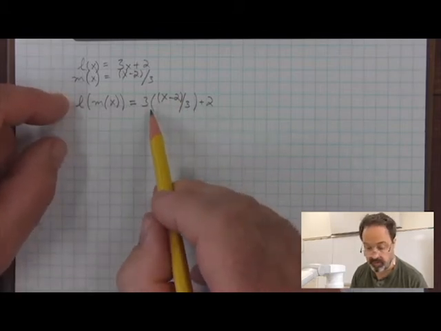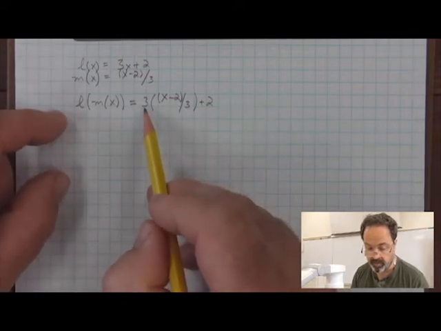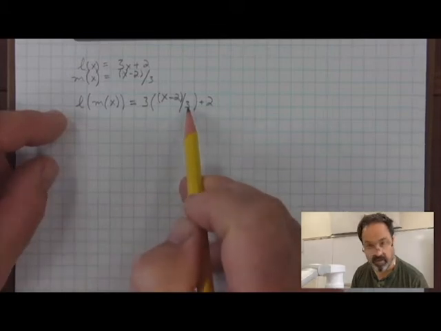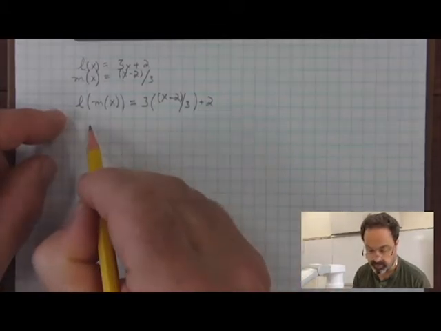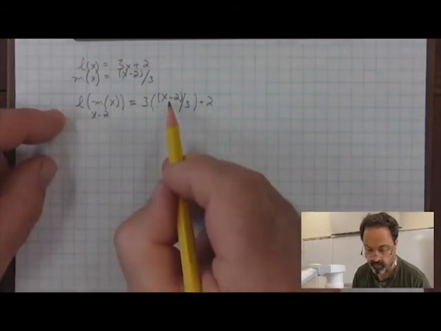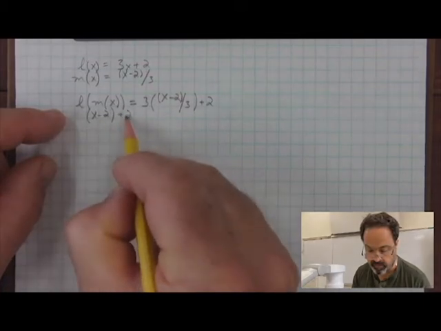So I'm going to go ahead and distribute the 3. When I multiply this 3 by this fraction divided by 3, the multiplication and the division will cancel out, leaving x minus 2, the numerator, and then outside the parentheses, plus 2 is still hanging out.